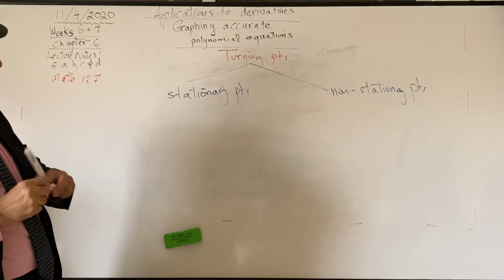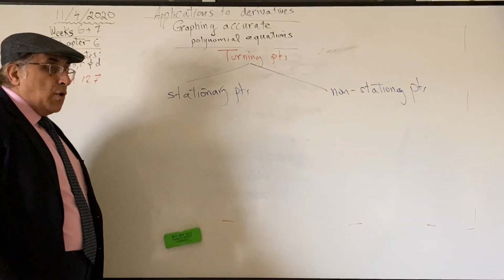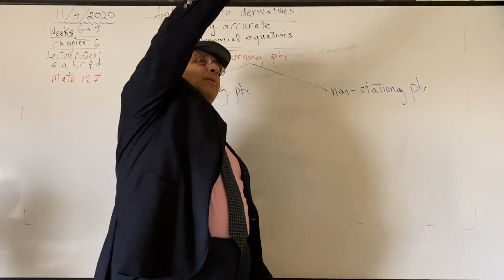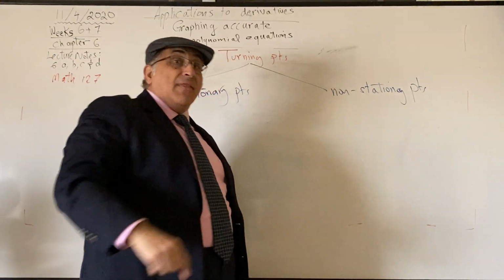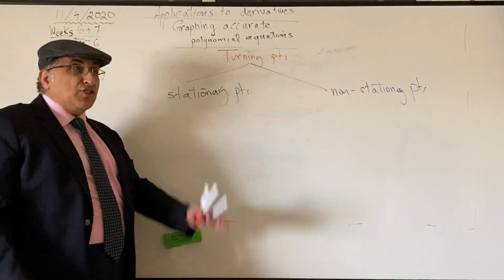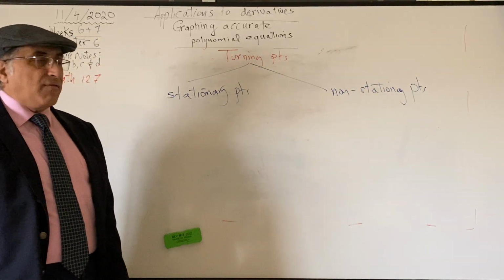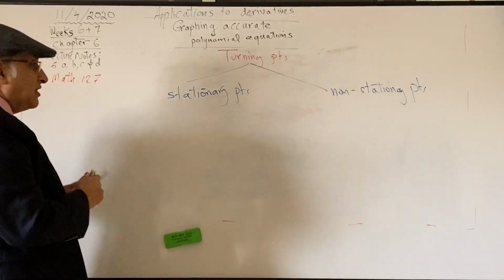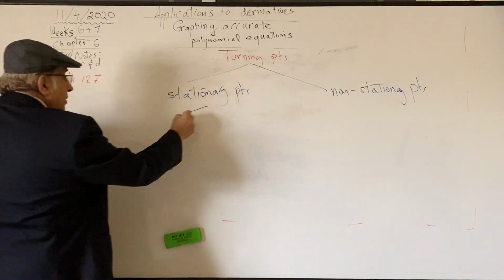So when you throw a stone all the way up, it goes all the way up, then suddenly stops and then comes down. That's called stationary. It stops in the air for a matter of milliseconds. Those stationary points, there are three types of stationary points.